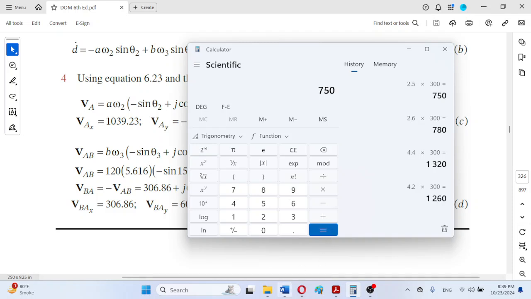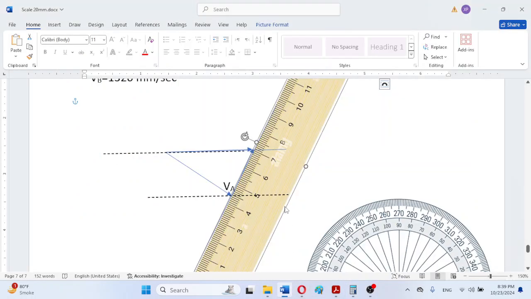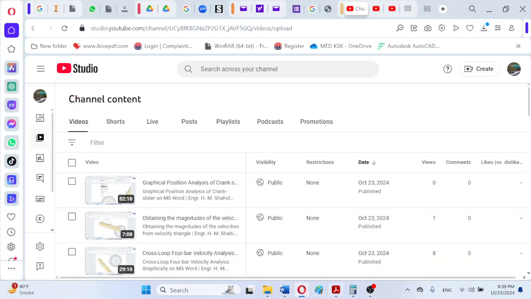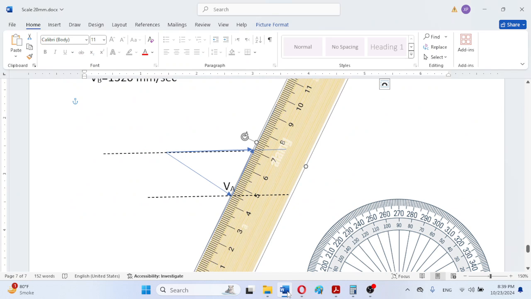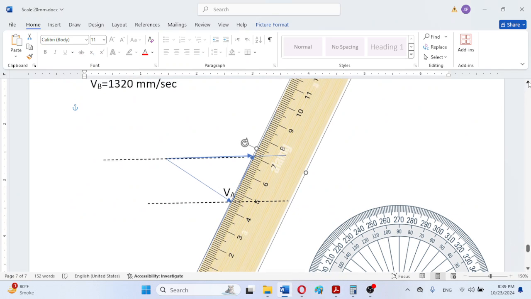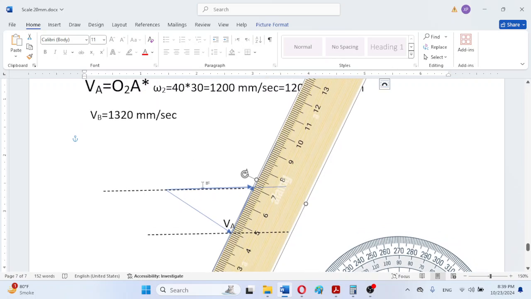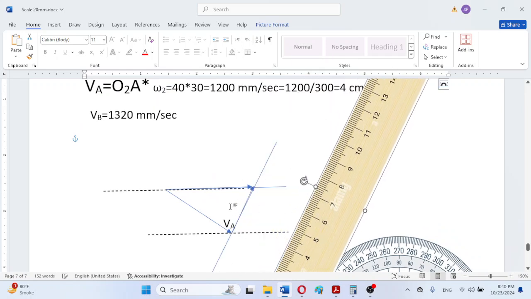So we must carefully measure the length of the vectors. Here, as we can observe, this is 2 centimeter and 2.6 centimeter, for example. In this manner we must be very careful while calculating. Now we can calculate their magnitudes. So remember, the magnitudes will be found by dividing.